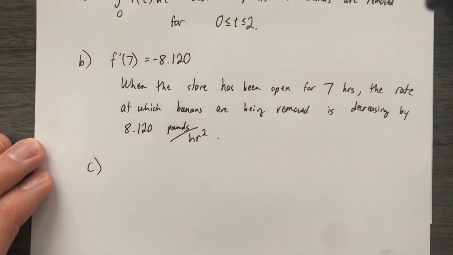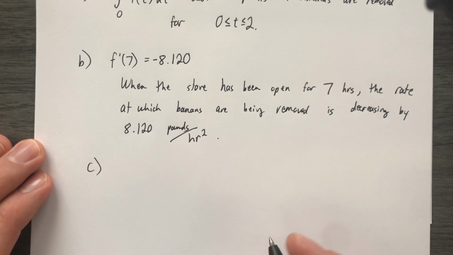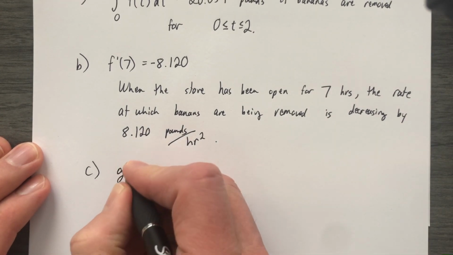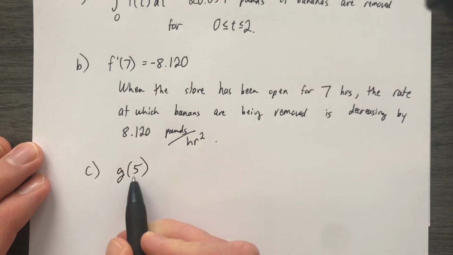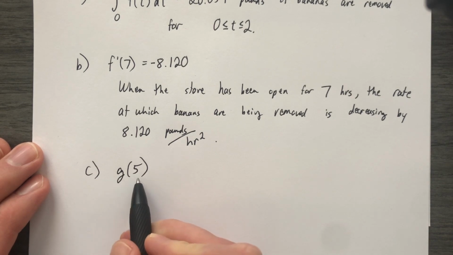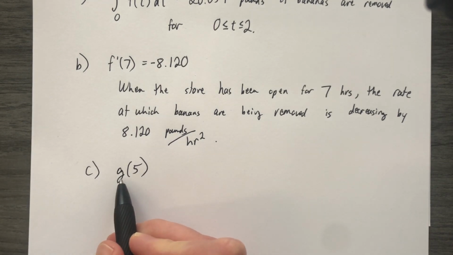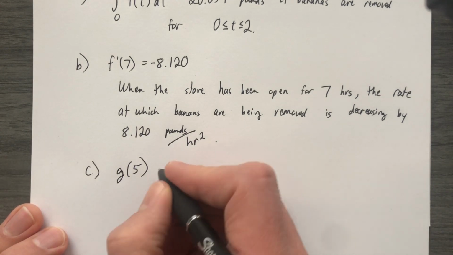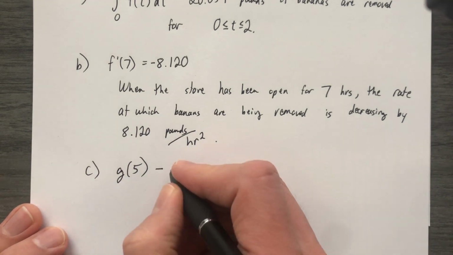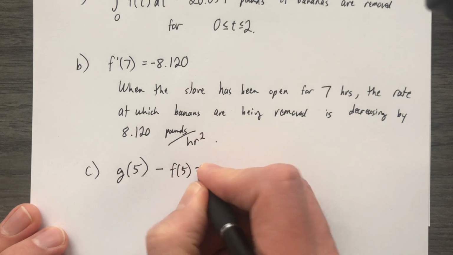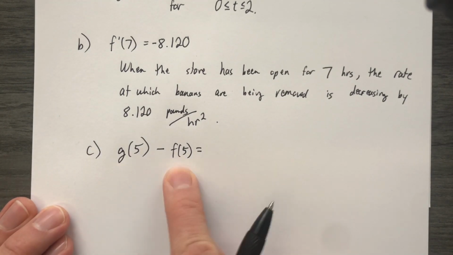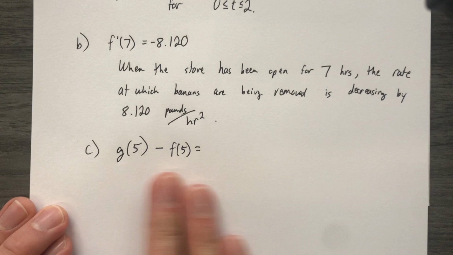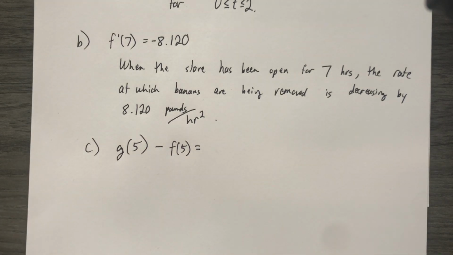So here we go. I am going to put bananas on the table in the 5th hour using the g function. The g function is the rate of replacement, and then we have removal of bananas, so let's subtract at the 5th hour. Now, when I do this calculation, I'm going to see, is this positive, is this negative?